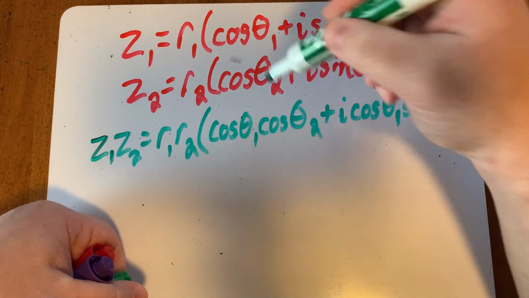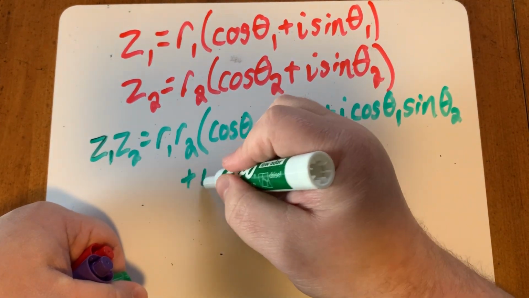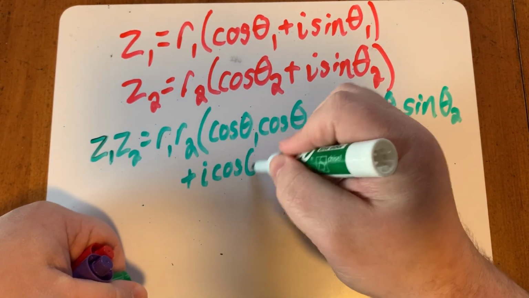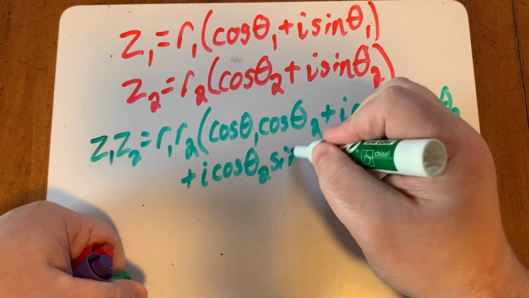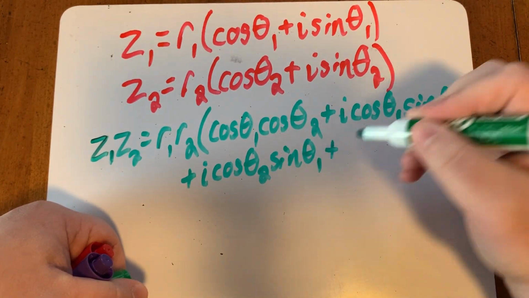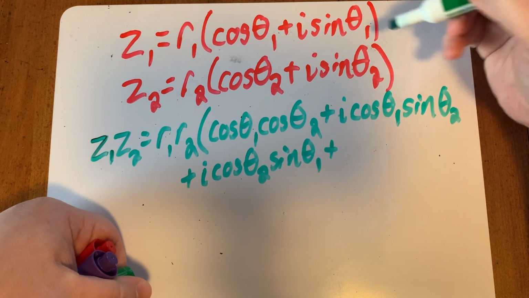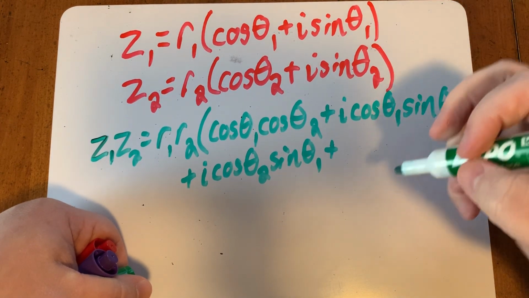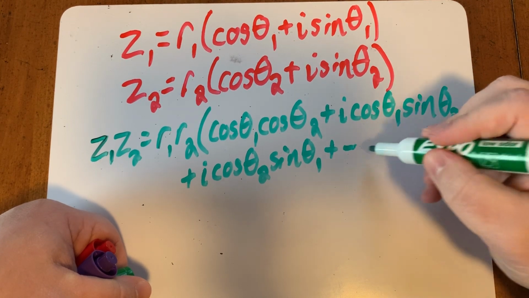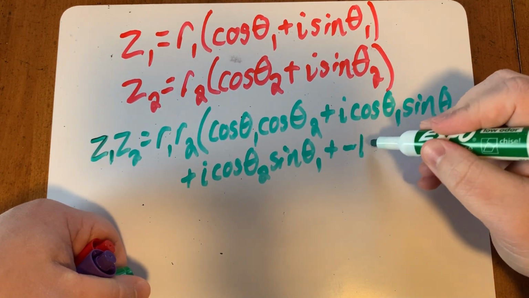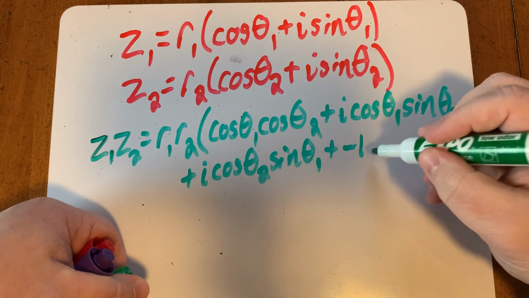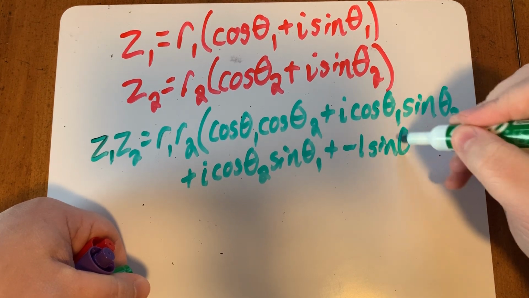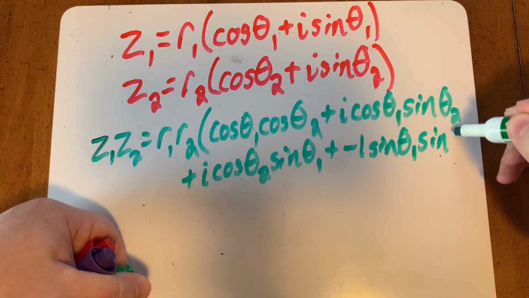And then i sine times cosine, plus i cosine of theta 2, sine of theta 1. And then i sine times i sine. We know i squared is -1, so it's negative sine of theta 1, sine of theta 2.